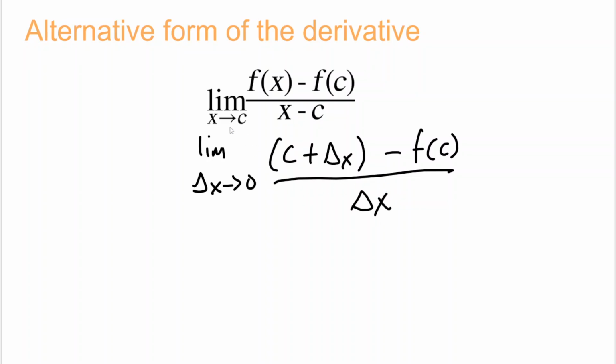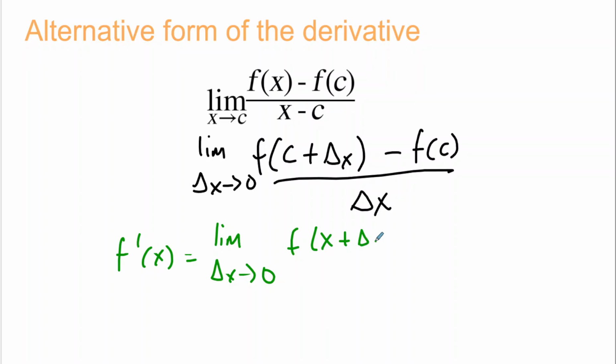What I mean by that is, if we say that f prime of x is equal to the limit as delta x approaches 0 of f of x plus delta x minus f of x over delta x again.